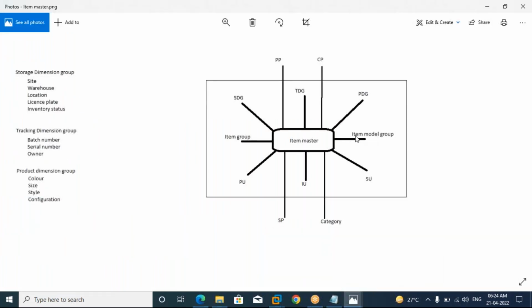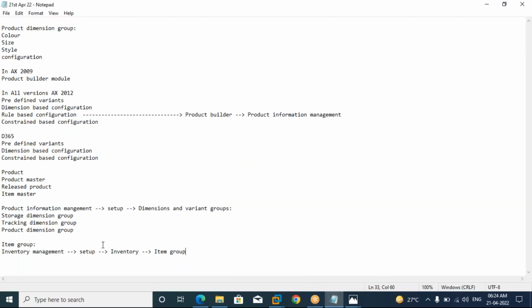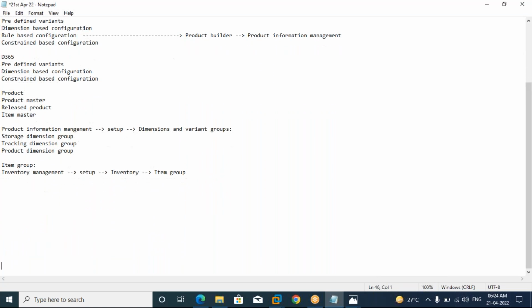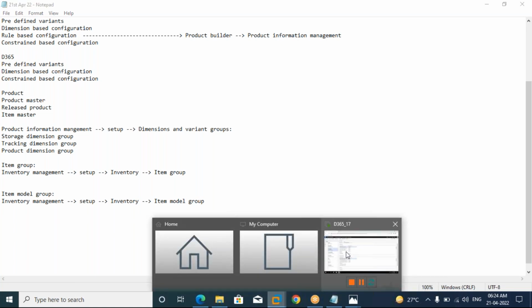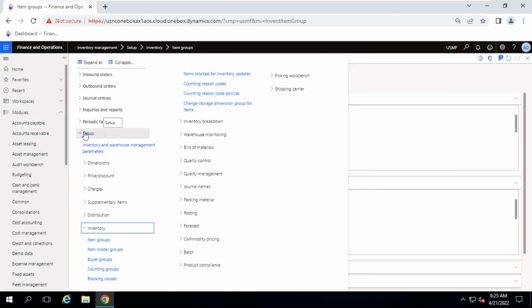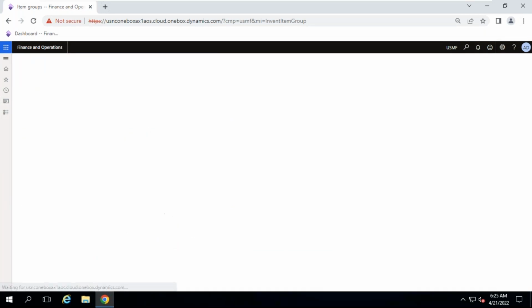Next one is item model group. The same path. Let me show you item model group in the system. Inventory management, setup, inventory, item model groups.